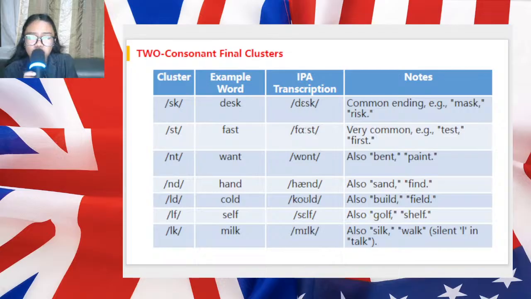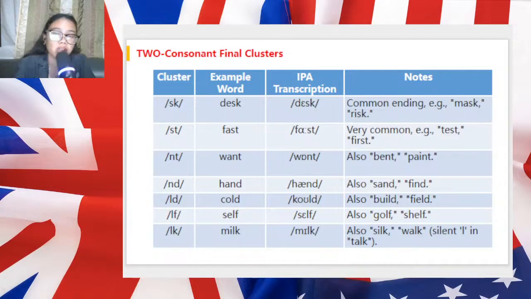But there's still a little bit of vowel sound in between, because of course it's really hard to pronounce this final consonant cluster on its own without any vowel sound.